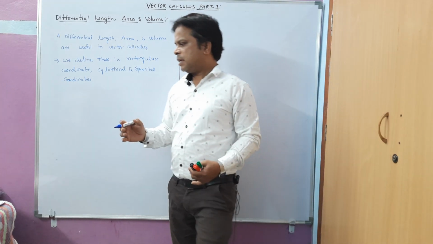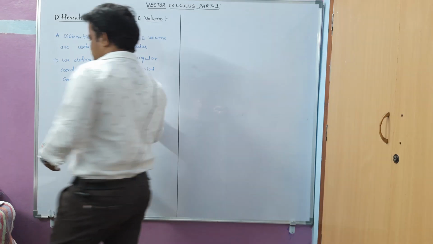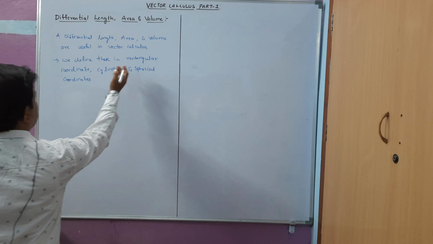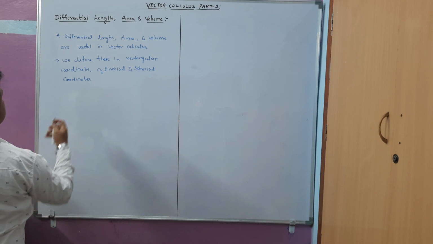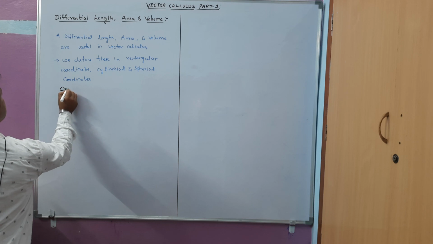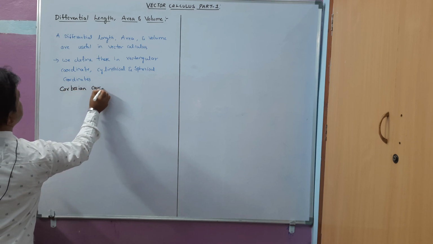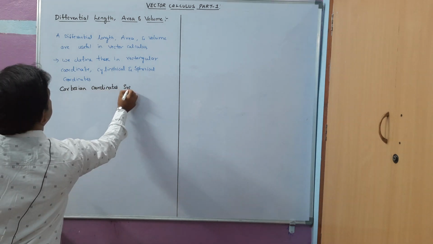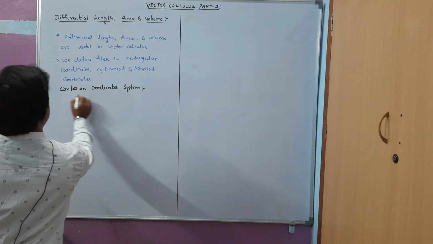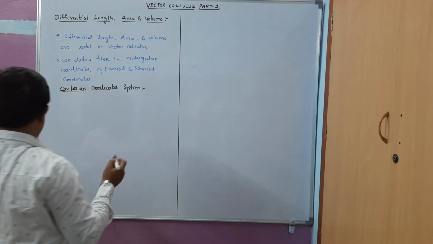Now let us start with Cartesian coordinate systems, that is rectangular also we can say. This is also known as the XYZ coordinate system, where x, y and z are the coordinates.